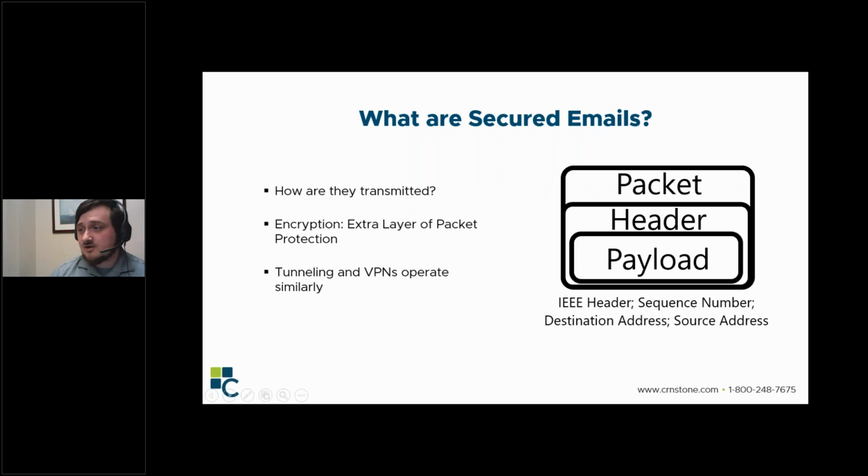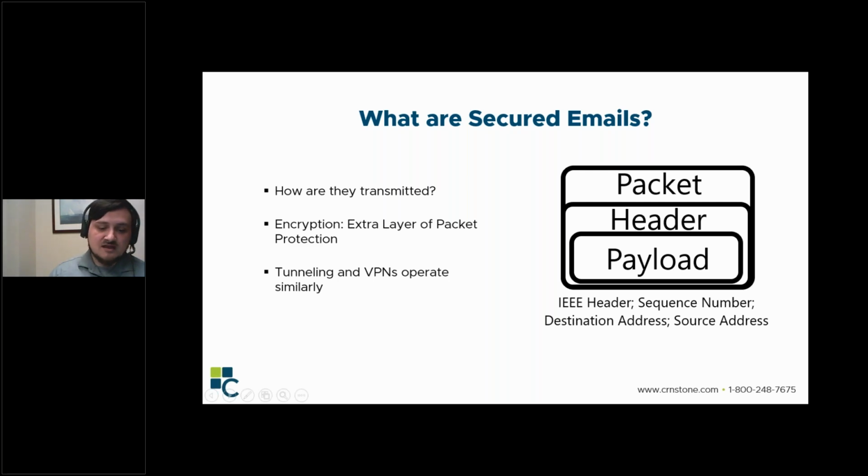So a secure email is sent basically the exact same way as a normal email. The only difference is where things are routed to and a level of encryption. Basically, when you send an email through an encrypted email service, whatever service you're using to direct email says, oh, they're sending this securely, I need to add encryption.